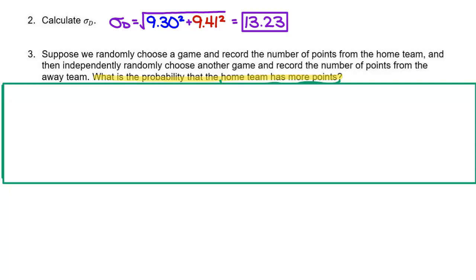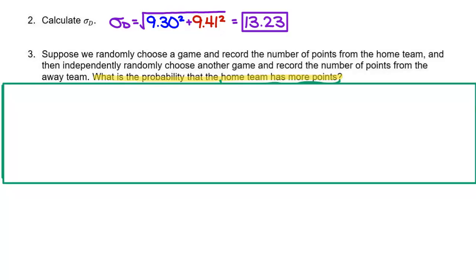I want to know the probability that the home team has more points. Which distribution represented the home team, X or Y? X. So Y represented the away team. If the home team has more points and I subtract these two things, what kind of number will I end up with? A positive number.